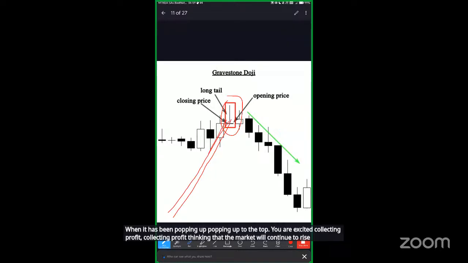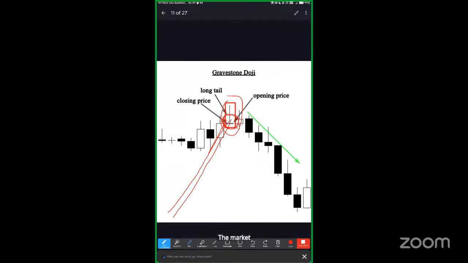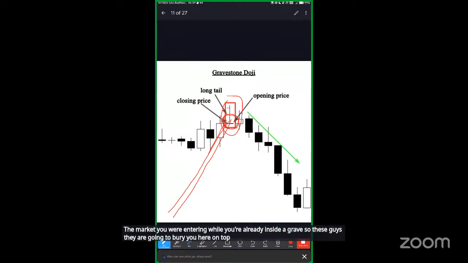So you end up entering a trade somewhere here at this top, only to find out that when you entered the market, you were already entering inside a grave. So these guys are going to bury you here on top.